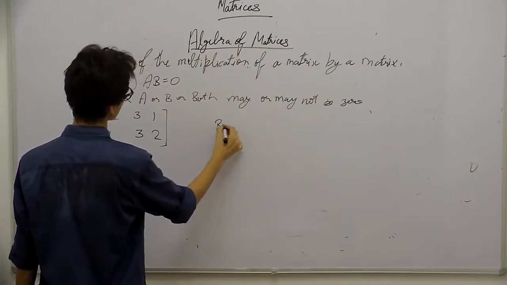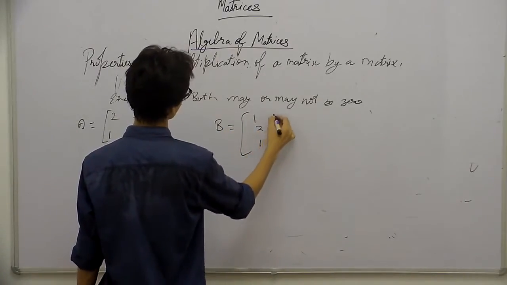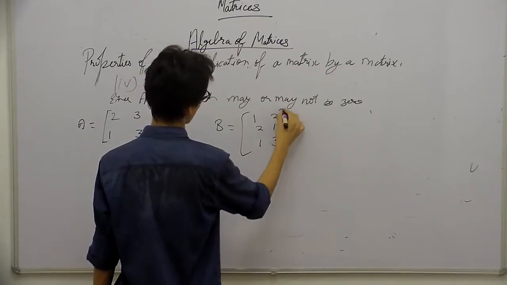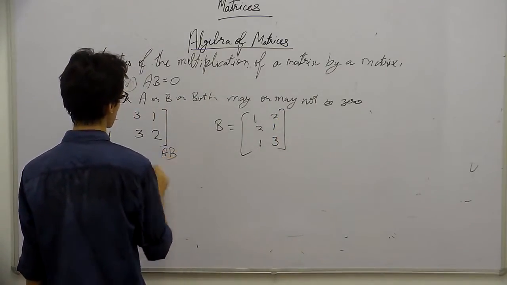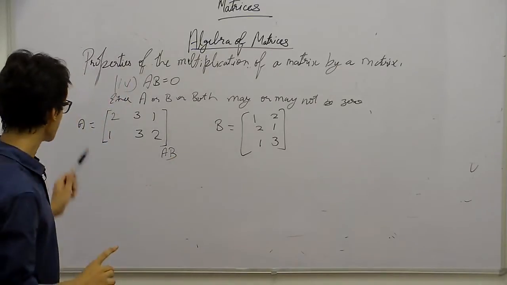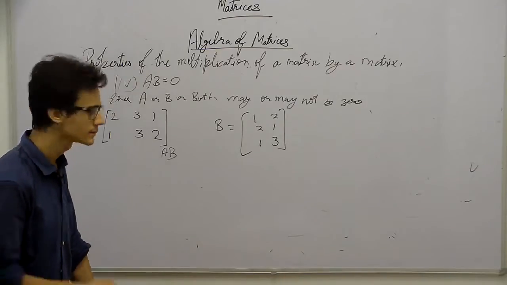Let's say we have a matrix B as 1, 2, 1, 2, 1, 3. Now let's suppose we need to find AB. Here we know that both A and B are non-zero. Neither of them is a null matrix.